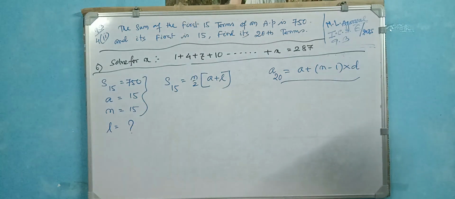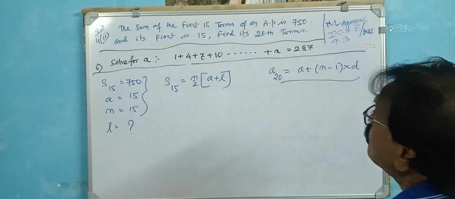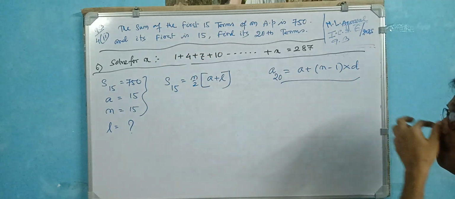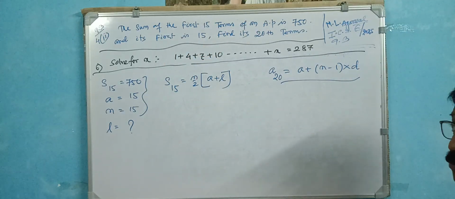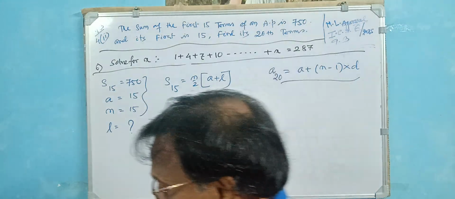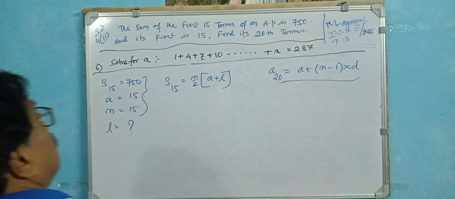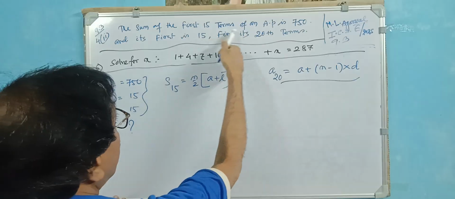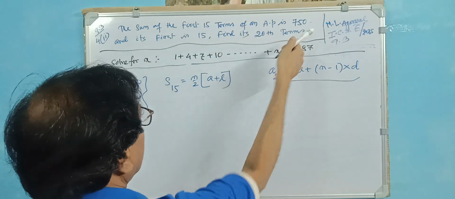Your target is this: you don't know the value of D. You know the first term A, you know n, but you don't know D. Now, S15 is 750 because the sum of the first 15 terms is 750.